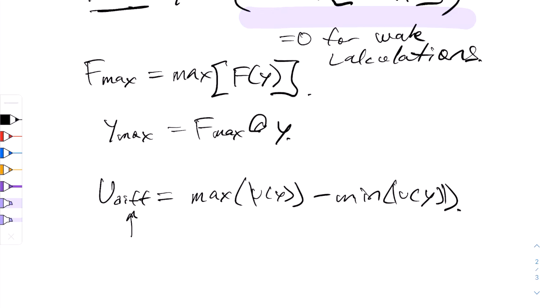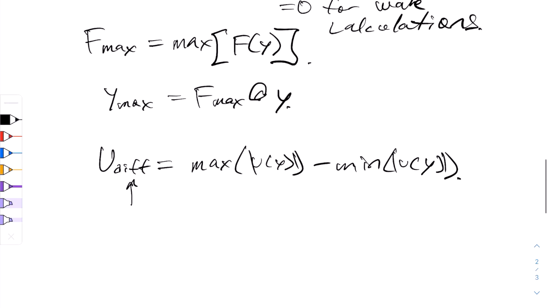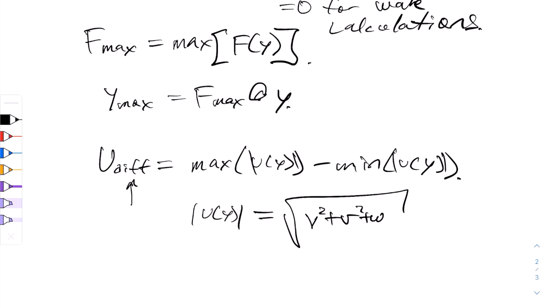And we'll put magnitudes here because this is a nice, well-behaved boundary layer. Here, u of y, just to be complete, will be equal to the square root of u squared plus v squared plus w squared.